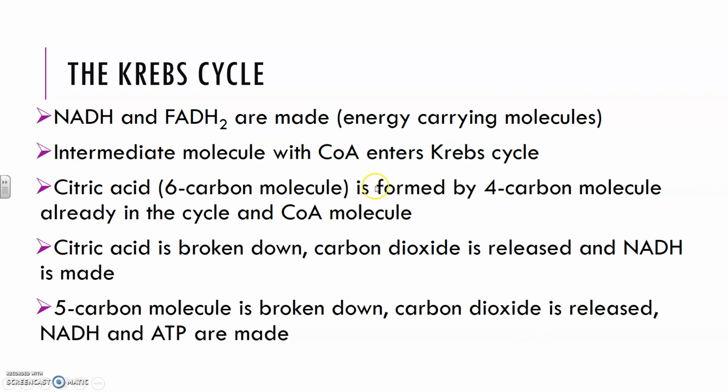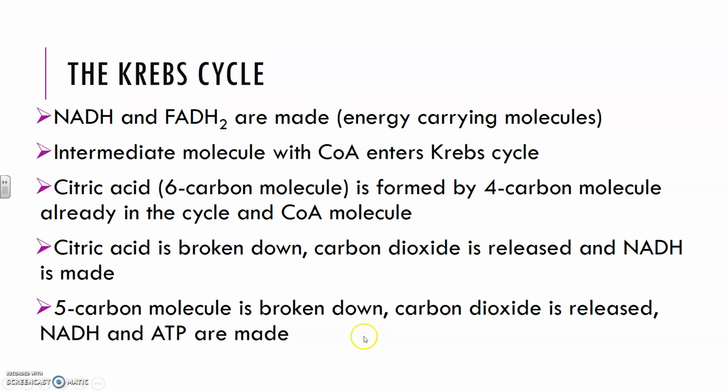So we've released a carbon dioxide when the pyruvate turned into this 2-carbon molecule here. We released another one when citric acid was broken down. And now we've released our 3rd when the 5-carbon molecule is broken down. You might be thinking, but the equation says that we're releasing 6, not 3.